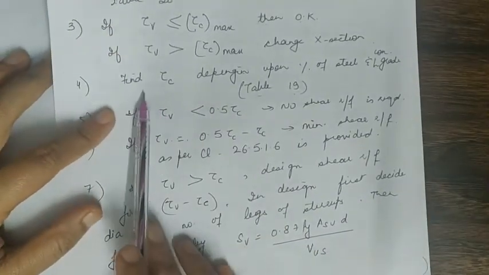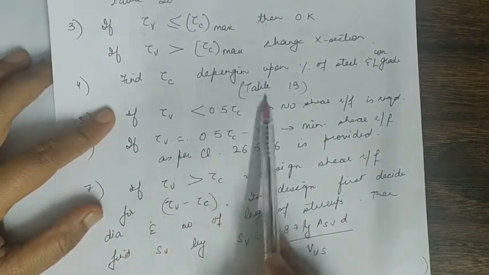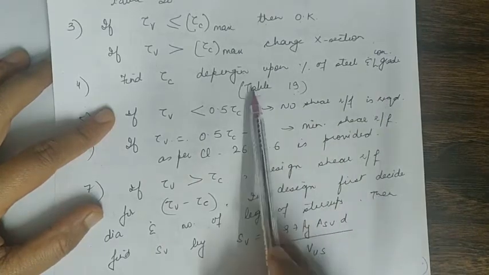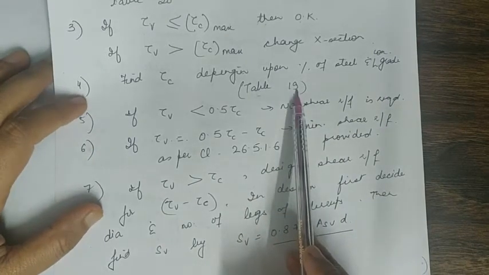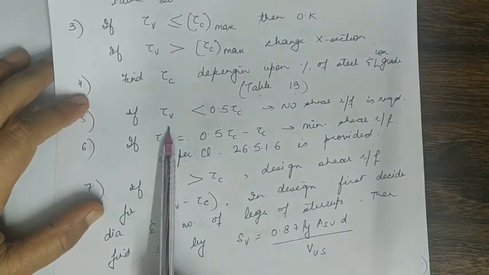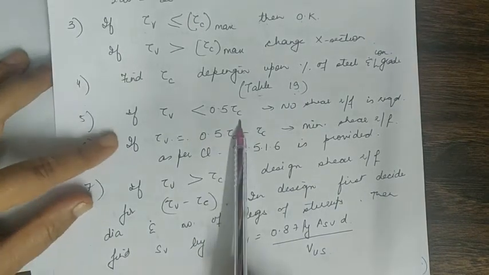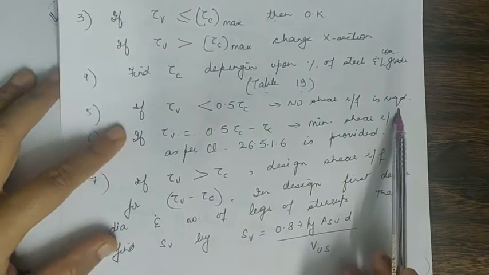Is it okay? Then next you find tau C depending upon the percentage of steel, that is by using table 19. If tau V is less than 0.5 tau C, then there is no need for shear reinforcement.